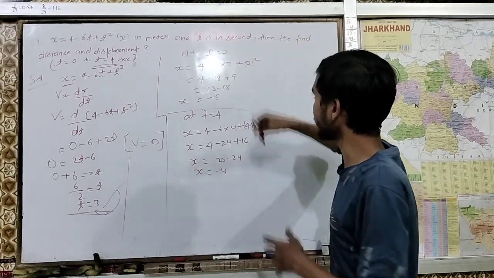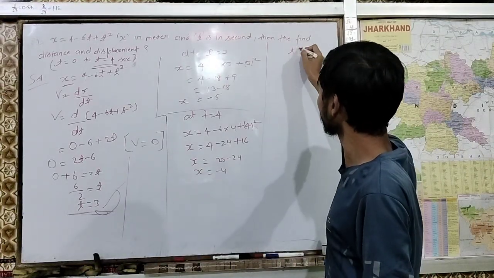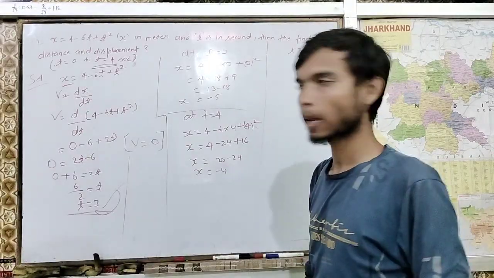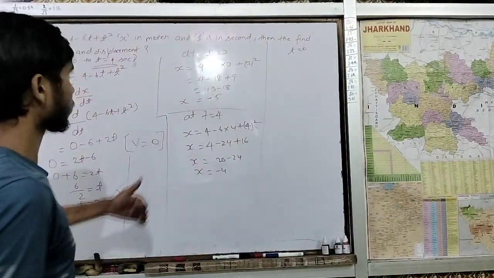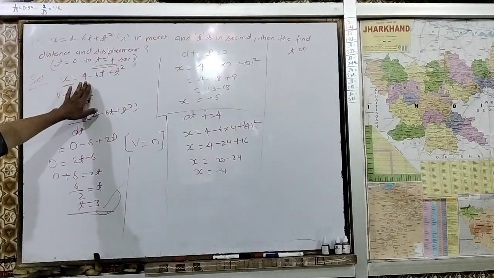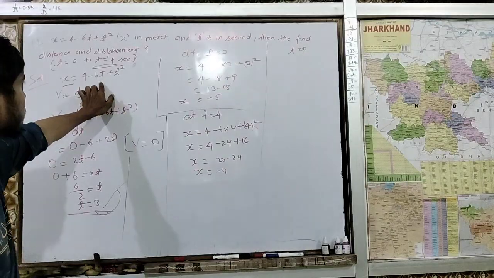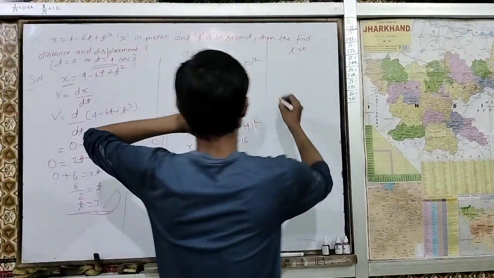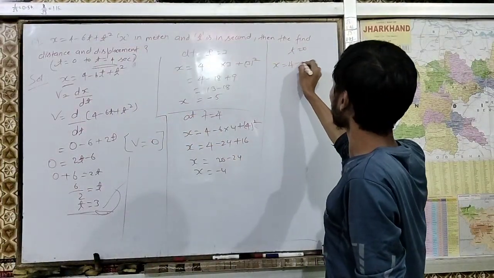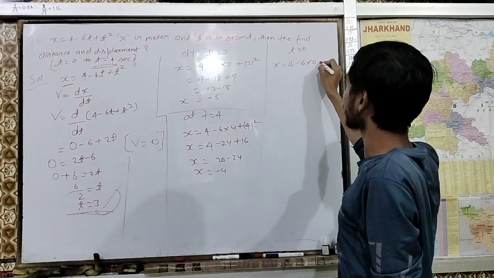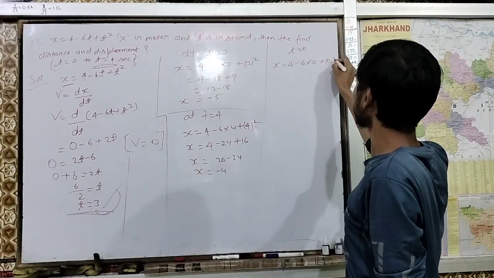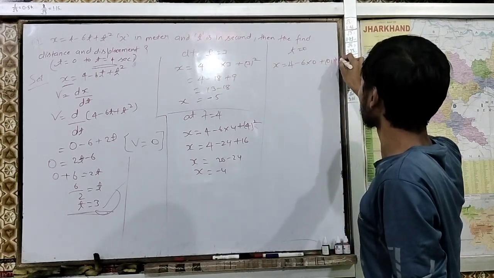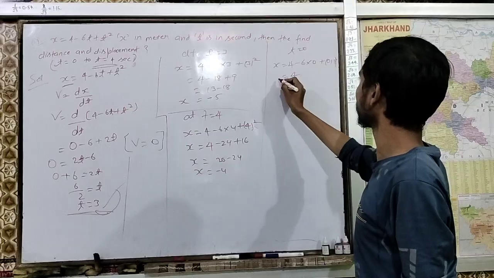Now, if t is equal to 0, then what will happen? If t is equal to 0, then 4 minus 6 multiplied by 0 plus 0 raised to power 2. Now this is giving you 4.